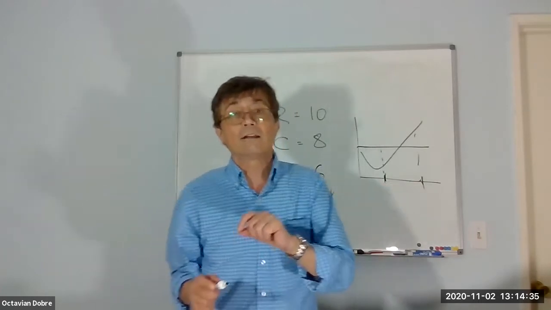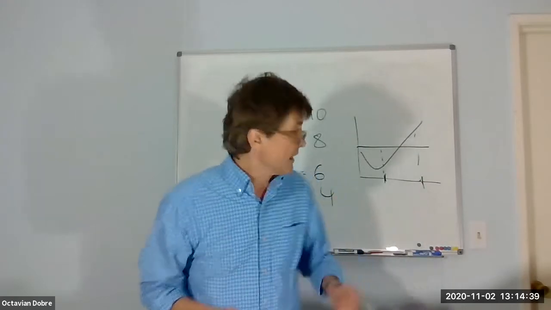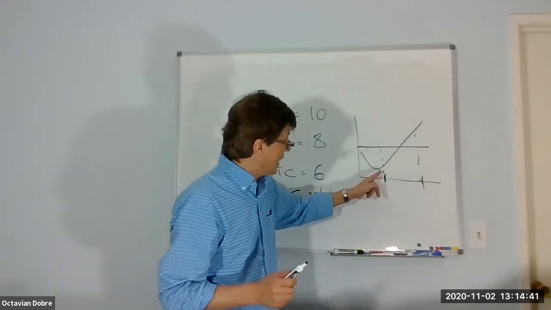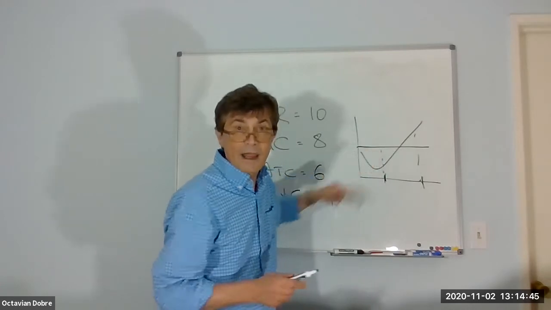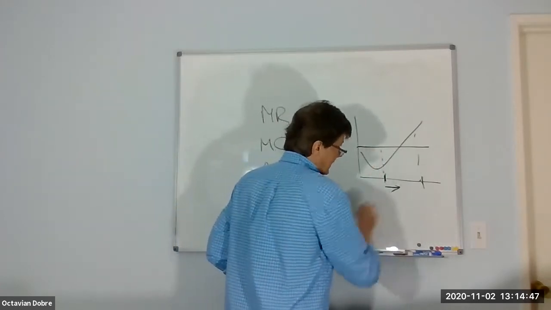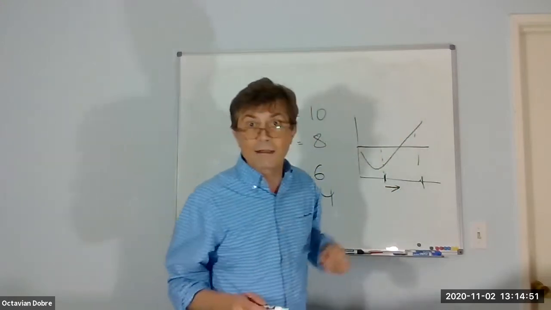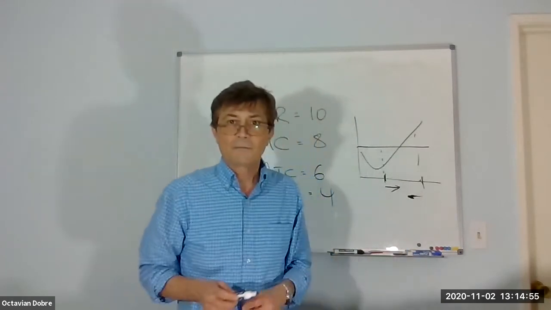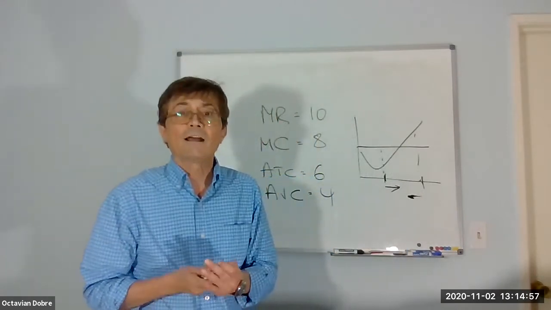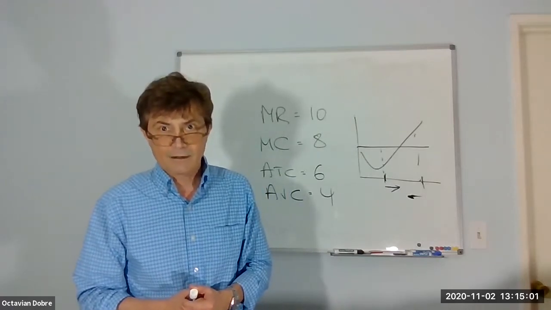So we are not at a Q where marginal revenue equals marginal cost. If marginal cost is less than marginal revenue, then you want to increase the output. If marginal cost is greater than marginal revenue, then you want to decrease the output. So what do we want to do in order to maximize profits?